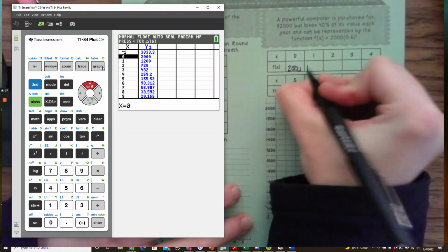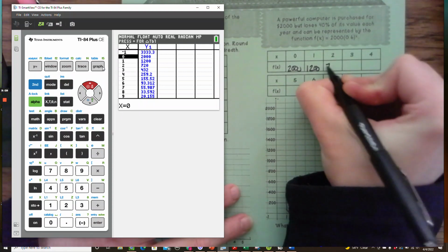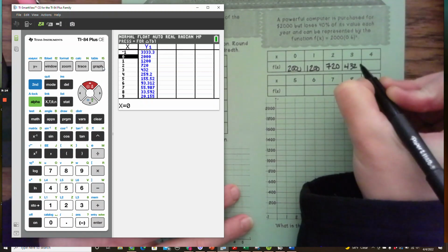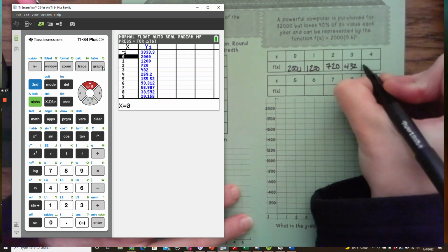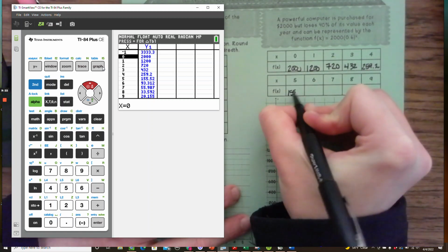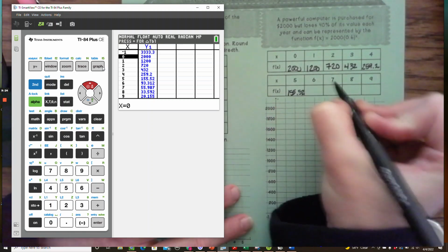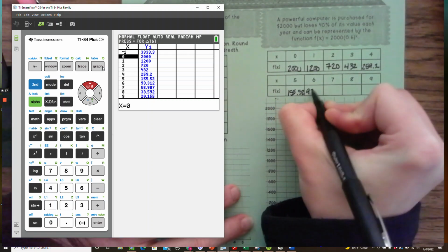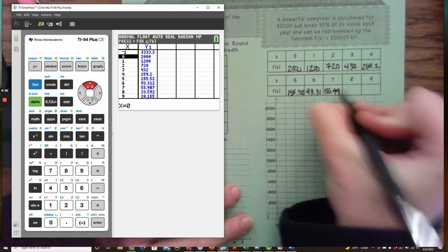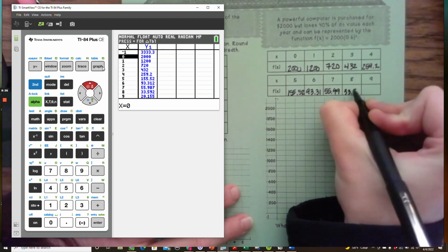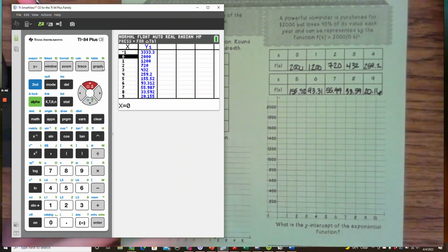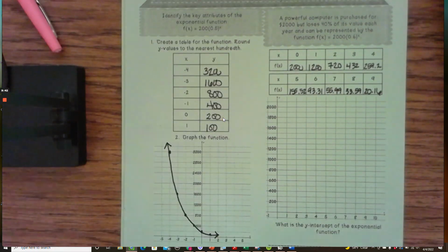At 1, 1,200. Then 720, 432, 259.2, 155.52, 93.31, 55.99, 33.59, and 20.16. Okay, so now we can graph.